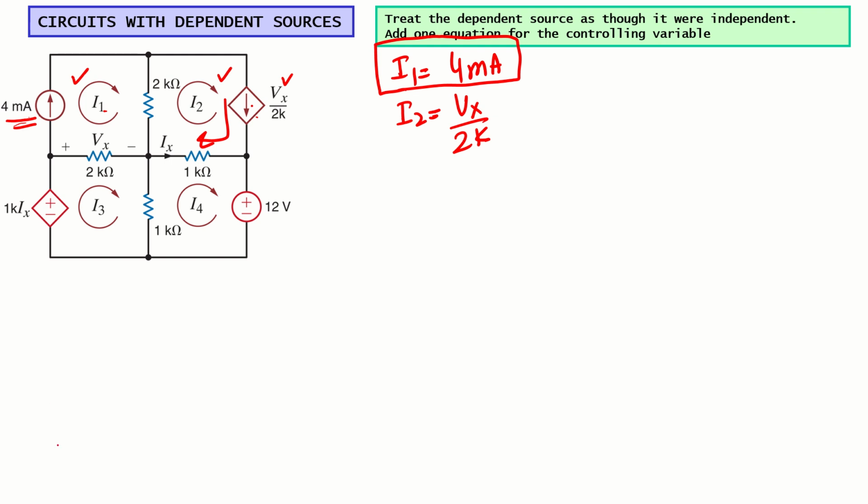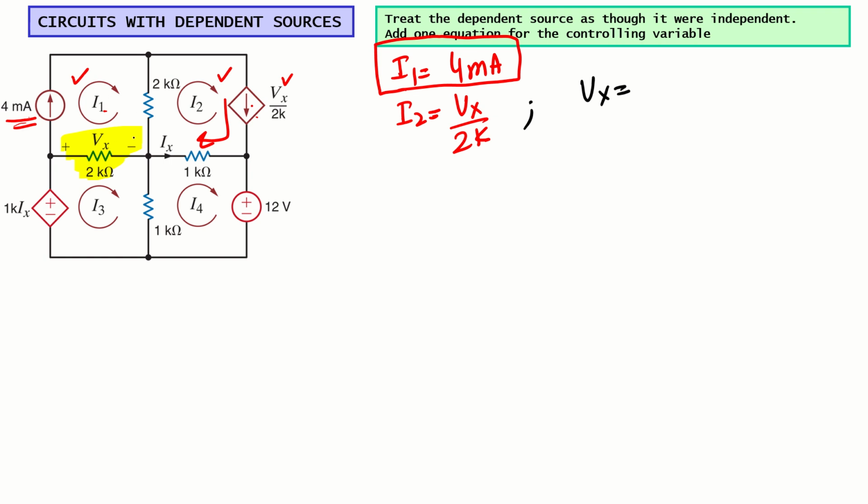So we need to find out where the dependent variable is in the circuit. If you look at the circuit, we can find that Vx is the voltage drop across the 2 kilo ohm. So we can write an equation for this dependent variable. Vx can be written as: through this resistor, two currents are flowing.